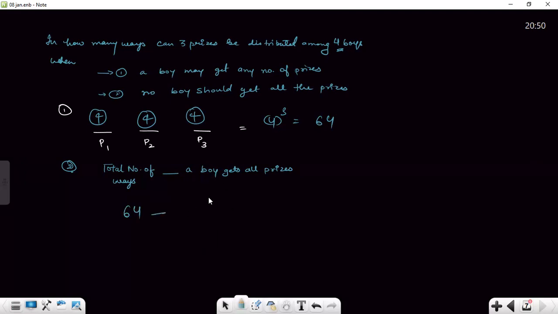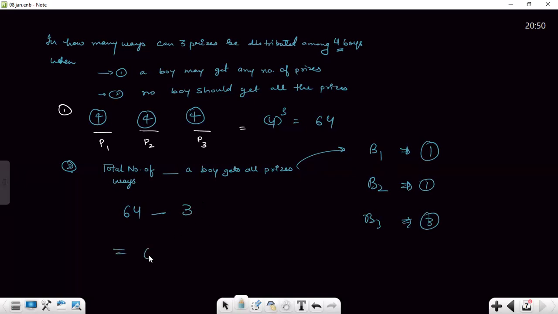Now, when a boy gets all the prizes, let's discuss this contingency when a single boy is getting all the prizes. It may happen that boy number 1 gets it, so that's one way, or boy number 2 gets it, that's another way, or boy number 3 gets it. So there are three ways when a single boy can win all the prizes.